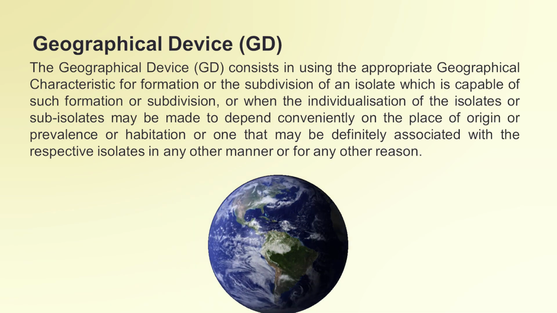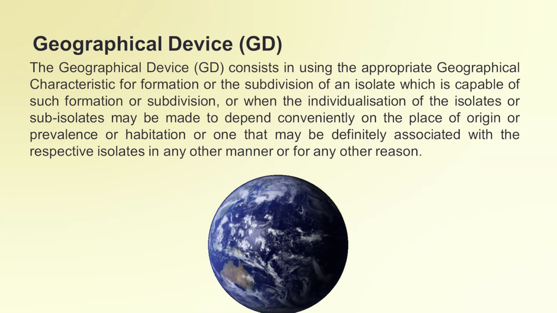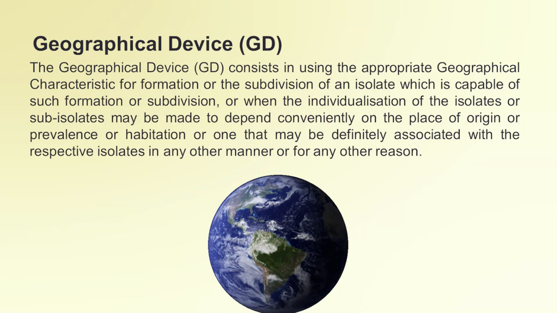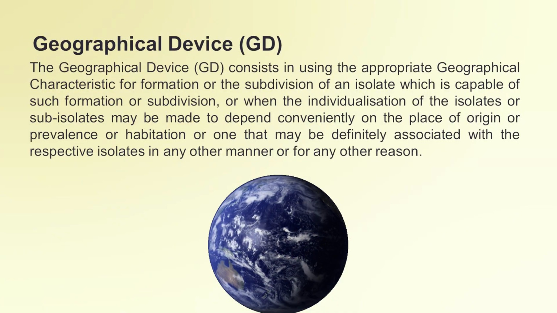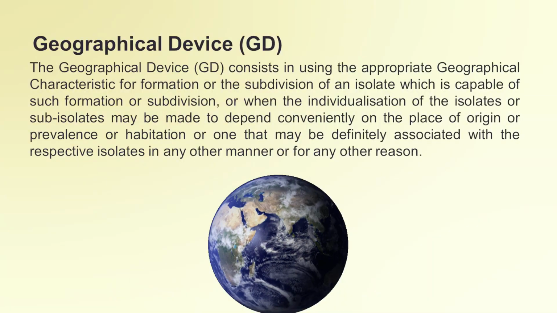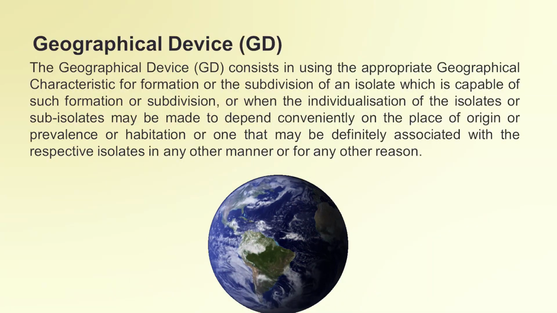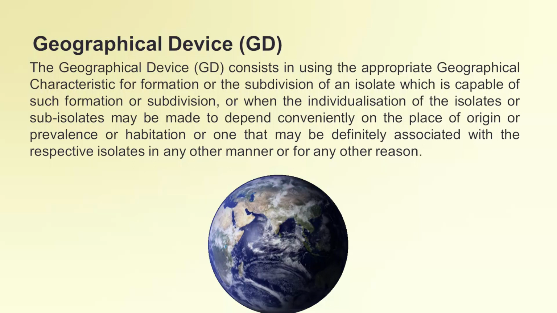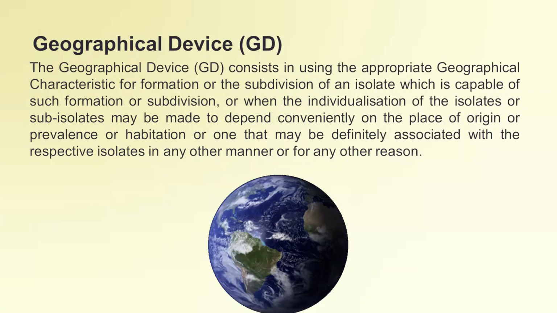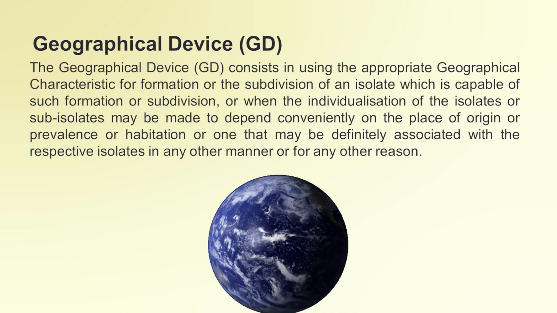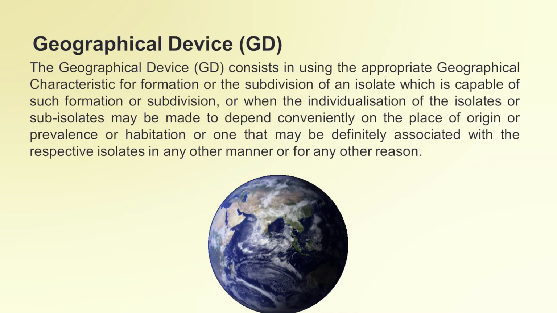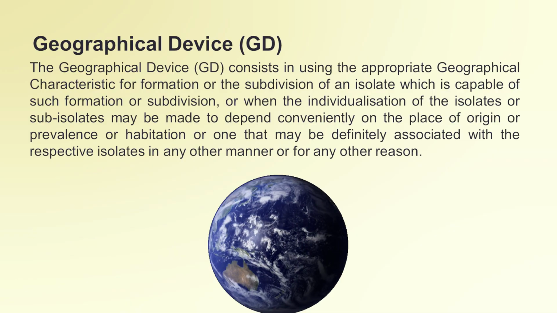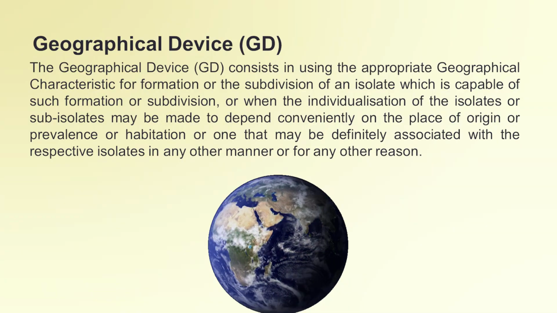Now we move on to geographical device. The geographical device consists in using the appropriate geographical characteristic for the formation or subdivision of an isolate which is capable of such formation or subdivision, or when the individualization of the isolate or sub-isolates may be made to depend conveniently on the place of origin or prevalence or habitation, or one that may be definitely associated with the respective isolates in any other manner or for any other reason.